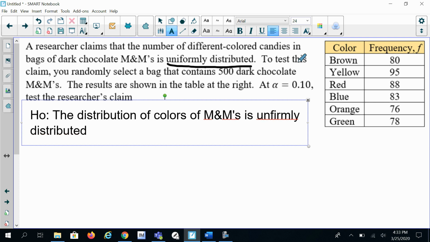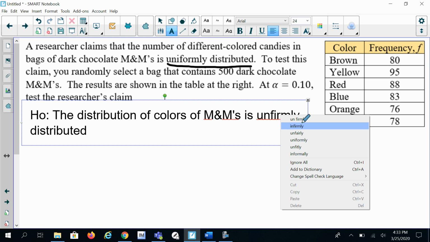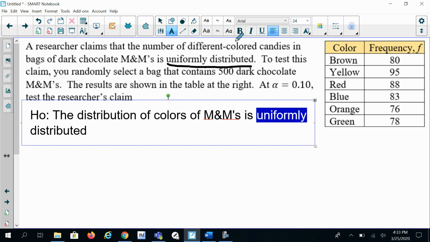So H0 will always be that the distribution of whatever the problem is about is uniformly distributed. Let's go ahead and fix that. All right. Is uniformly distributed.